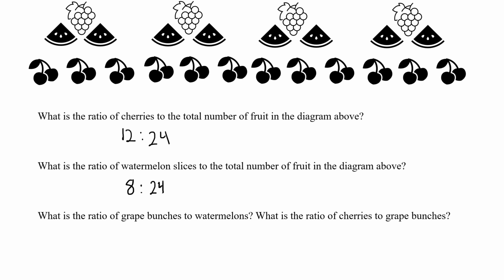There are 4 bunches of grapes to 8 watermelons. Grapes go first, watermelons go second, so 4 to 8 is the ratio. Then the second one is the ratio of cherries to grape bunches. There are 12 cherries and 4 grape bunches.